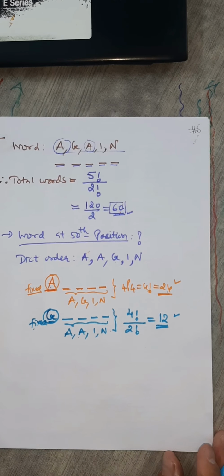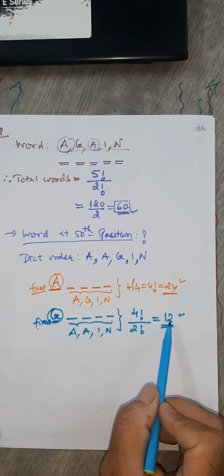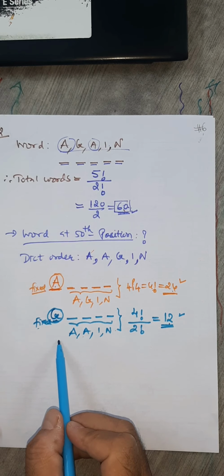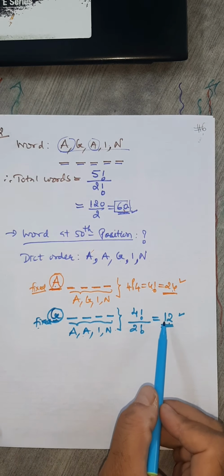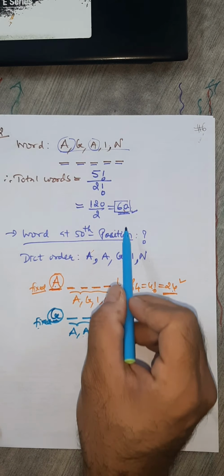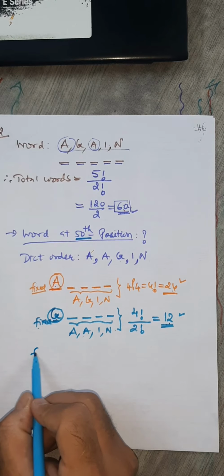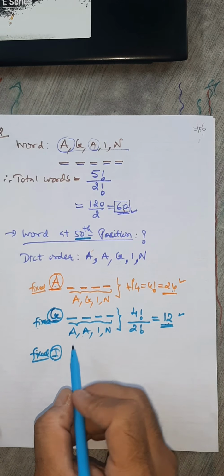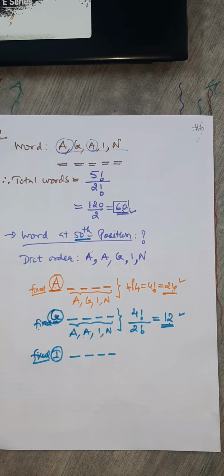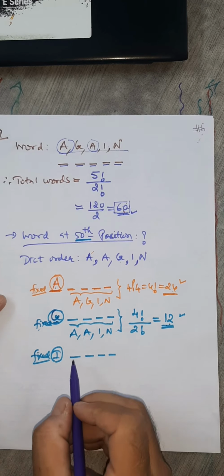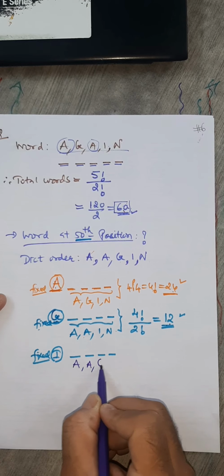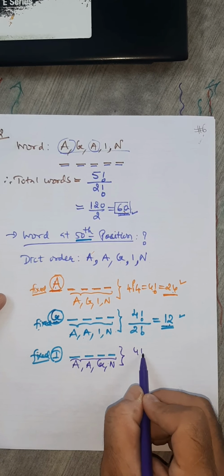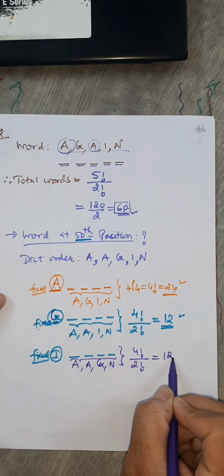So what I answered is, there are 12 words in this list in which G is first. We are going by dictionary order, remember. The A ones were 24, the G ones were 12, so it is only 36 so far. You want the 50th position, so let us look at one more list according to dictionary order. Now next is I, so fix I. Which letters remain? A, G and N. 4 letters, 4 positions, but A repeated twice. So 4 factorial upon 2 factorial, which is 12.